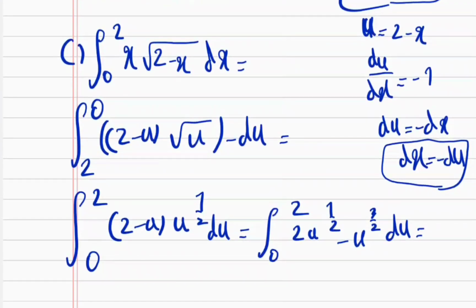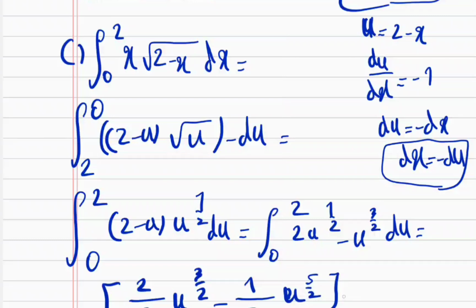We integrate them, and the first term becomes 2 divided by 3 over 2, u to the power of 3 over 2, and the second term is minus 1 divided by 5 over 2, u to the power of 5 over 2. We substitute the limits, and after that we'll get 8 over 15 times 2 to the power of 3 over 2.